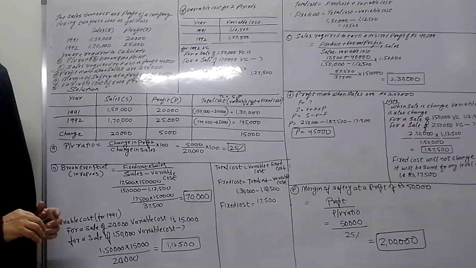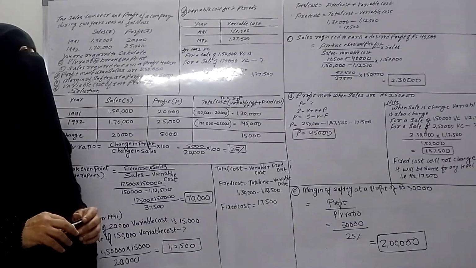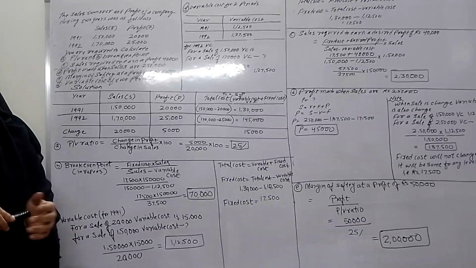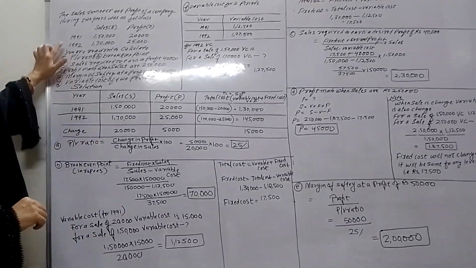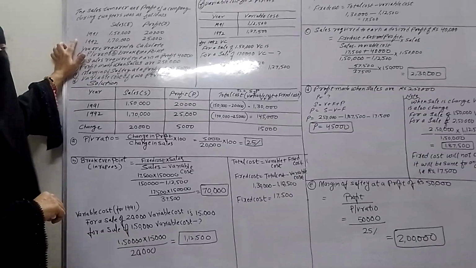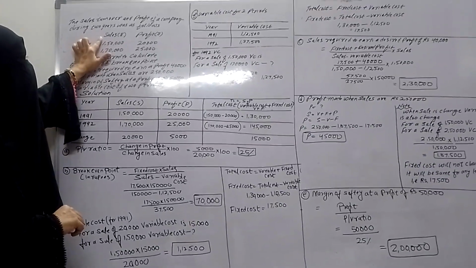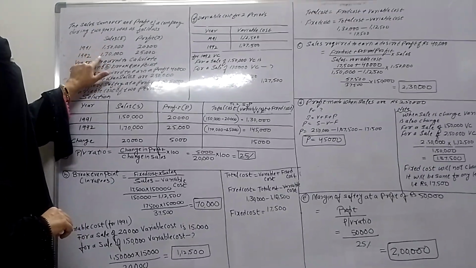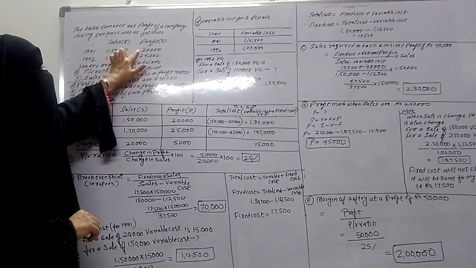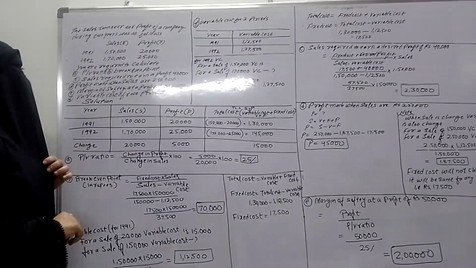So students, this question is a 2 period question. 2 years information is given: 1991 and 1992. Sales for 1991 is 1,50,000, for 1992 it is 1,70,000, and the profit is 20,000 and 25,000.